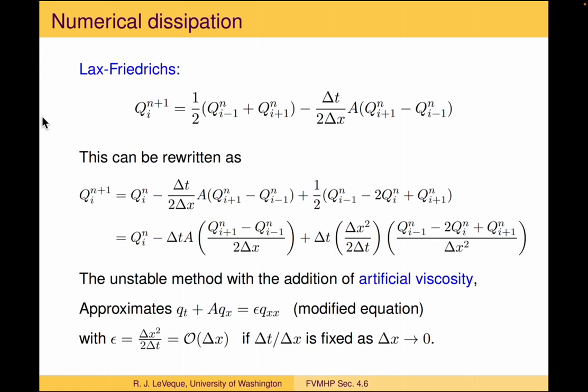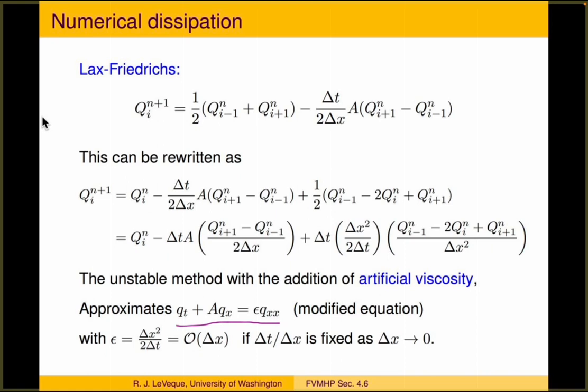And that's exactly what happens when we use the Lax-Friedrichs method or also the Upwind method. What we find numerically is that it's really looking more like a solution of this advection diffusion equation rather than a solution of the original advection equation. But the epsilon that we've introduced here is delta x squared over 2 delta t. So if we fix delta t over delta x and refine the grid, that vanishes.